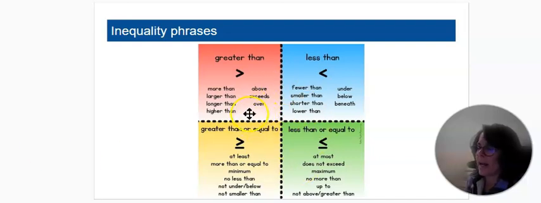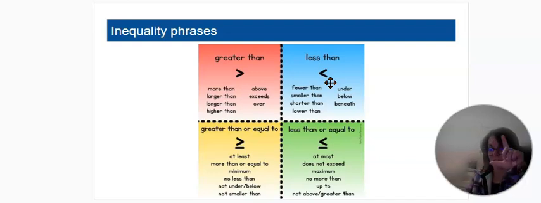Words like more than or larger than are usually pretty obvious to use a greater than symbol. And fewer than or less than or below are less than. And remember the trick for remembering less than: your left hand makes an L.